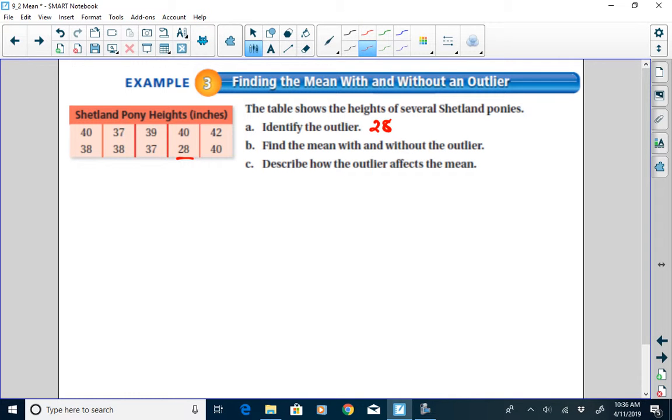Then we want to find the mean with and without the outlier. So I like to do it first without the outlier. So that's going to be 40 plus the 37 plus the 39 plus the 40 plus the 42 plus 38 plus 38 plus 37 plus 40.